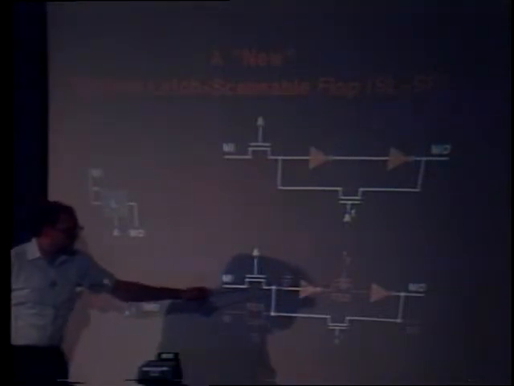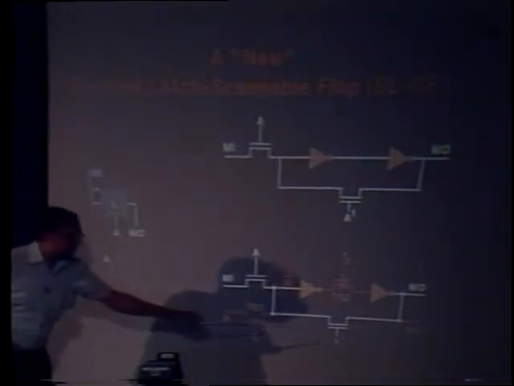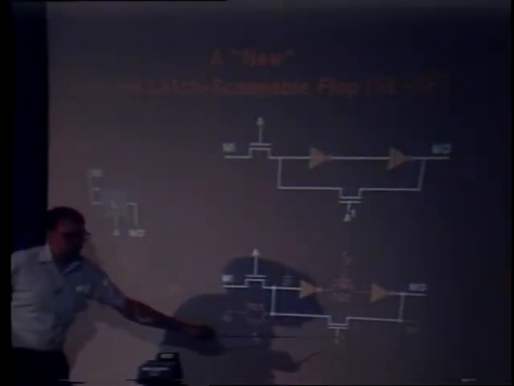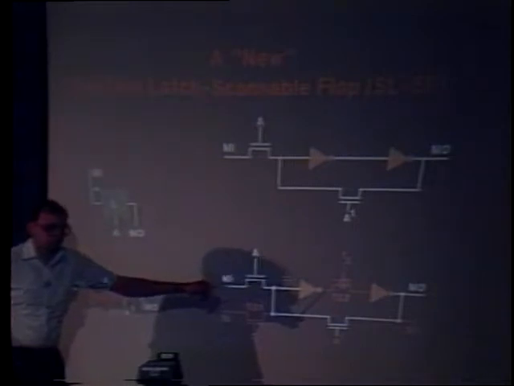During the normal operation, this transistor is on and this one is off. Now, during the test operation, we turn off the system clocks, this as well as that. We operate the test clocks T1 and T2 in a non-overlapping fashion. By doing so, what we will have is a master-slave dynamic flop.